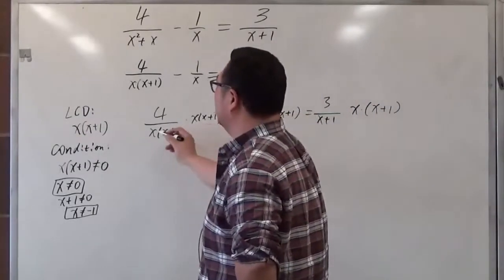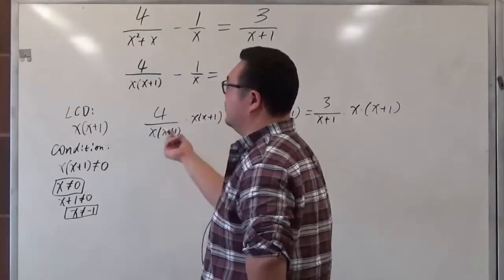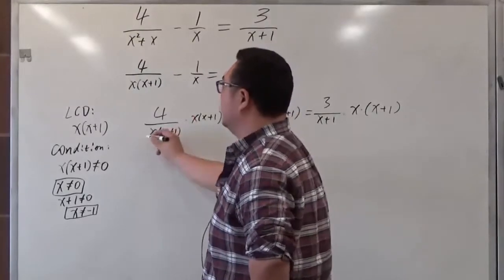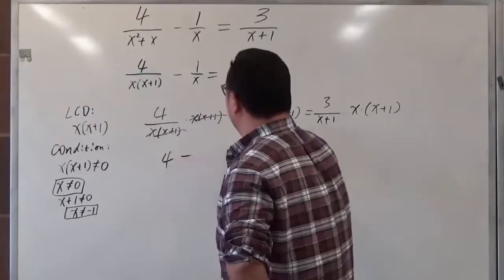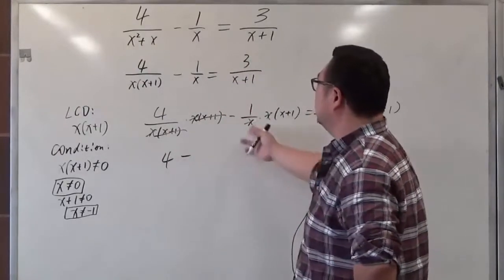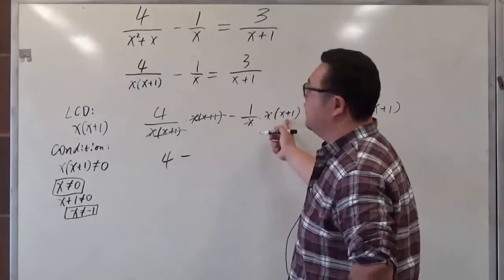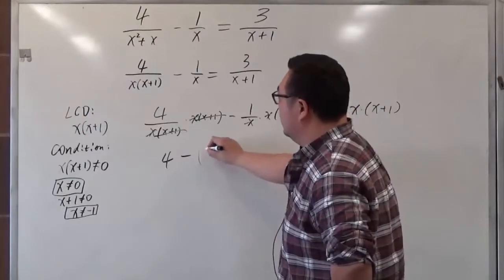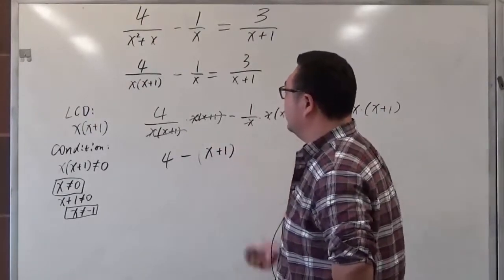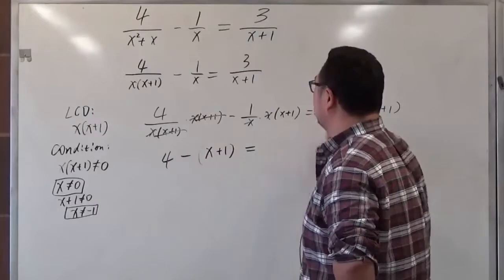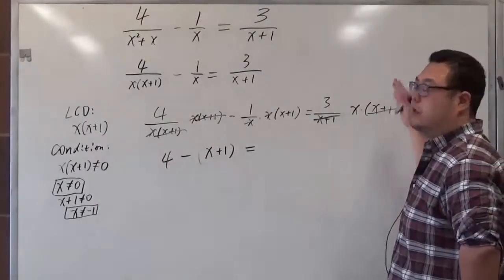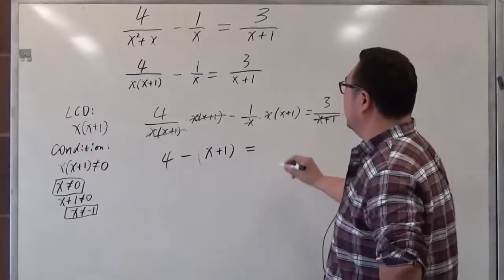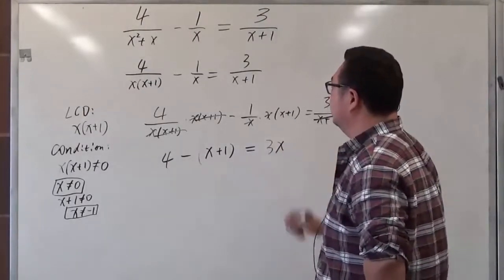Then we can cancel, because the numerator and denominator cancel the terms out. The first we get 4. Second, we cancel the x out. We still have x plus 1, still in the parentheses. And on the right side, we cancel the x plus 1 on top and bottom. Then we have 3x.